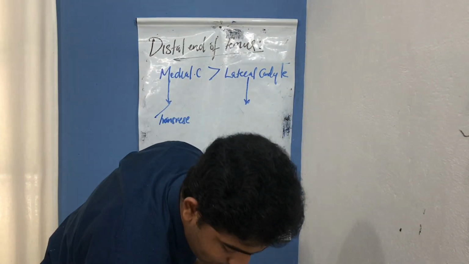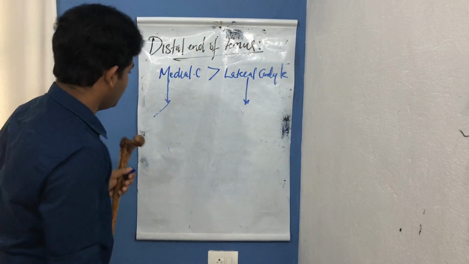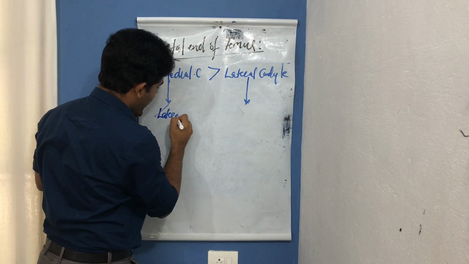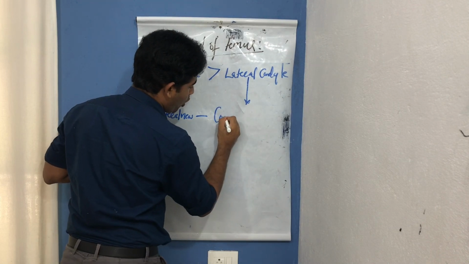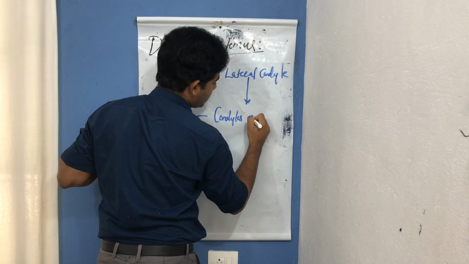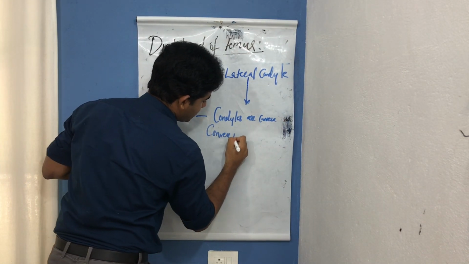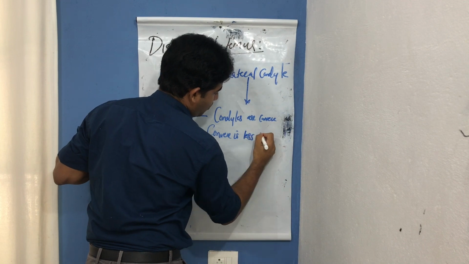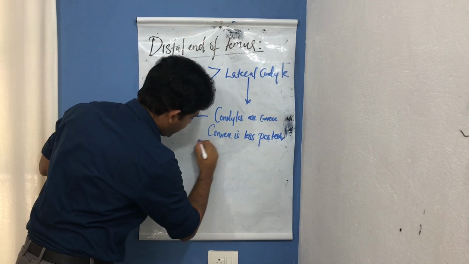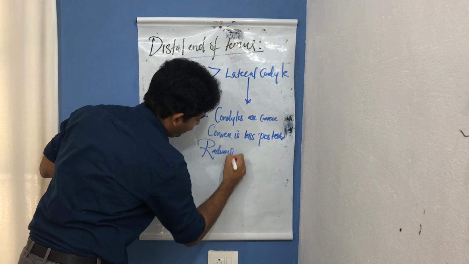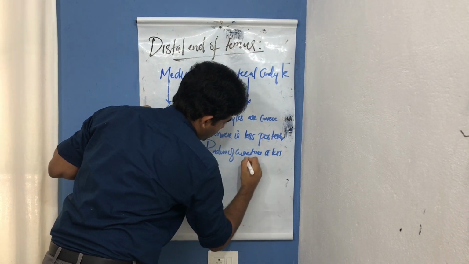So, not in the transverse view, sorry, in the lateral view, the condyles are convex, and the convexity is less posteriorly. Or more clearly, the radius of curvature is less posteriorly.